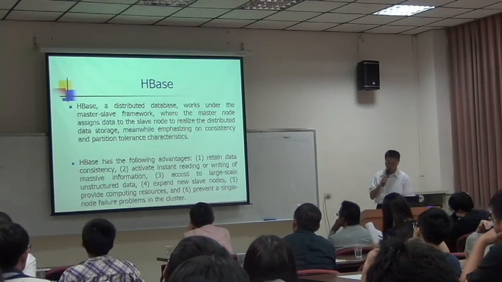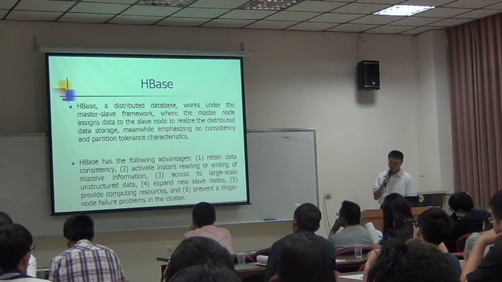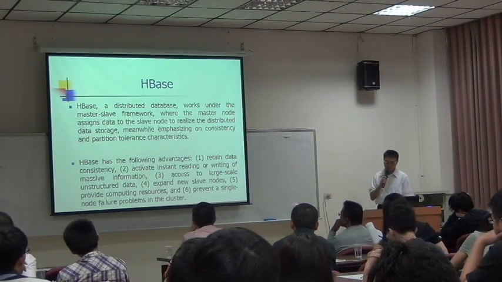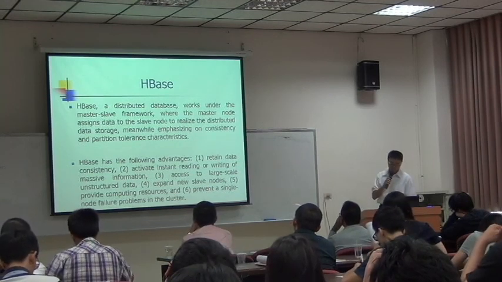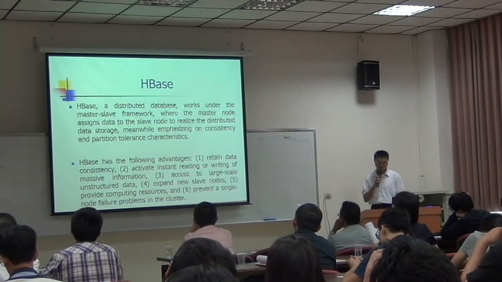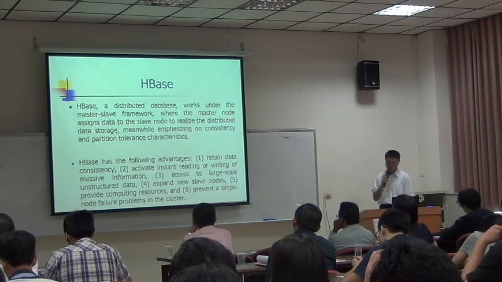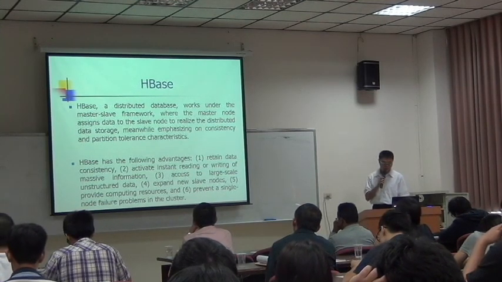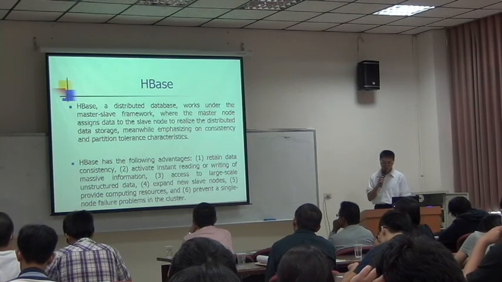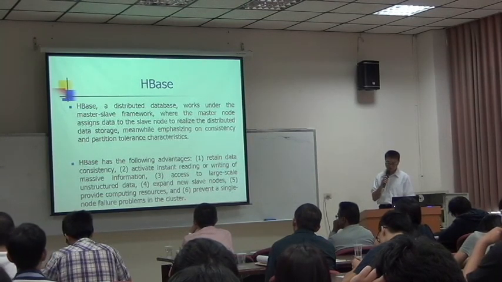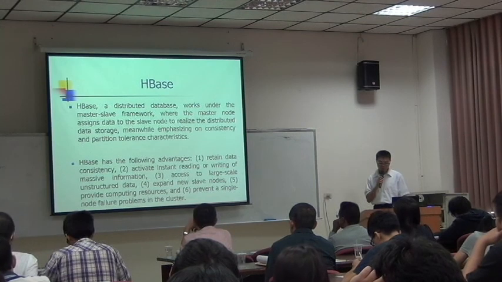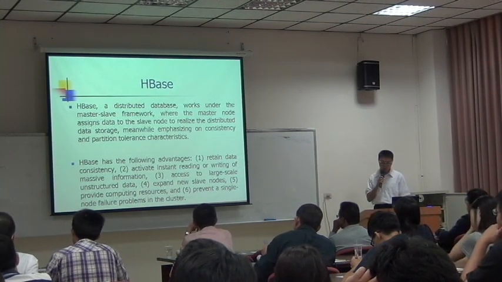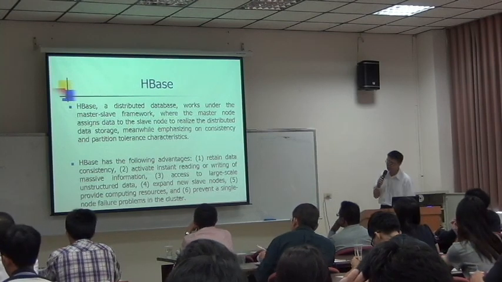HBase has the following advantages: retain data consistency, activate instant reading or writing of massive information, access to large-scale unstructured data, expand unused slave nodes, provide computing resources, and prevent a single node failure problem in a cluster.